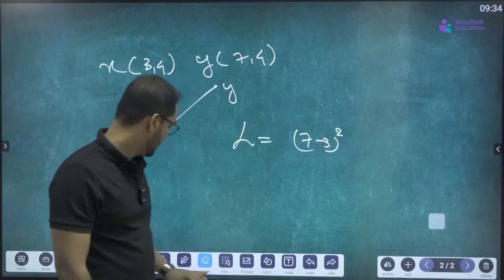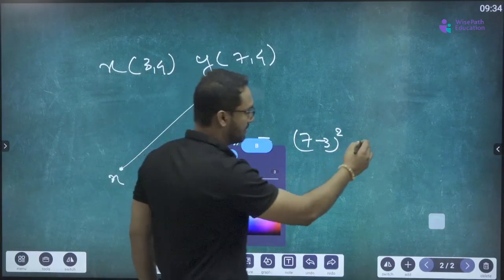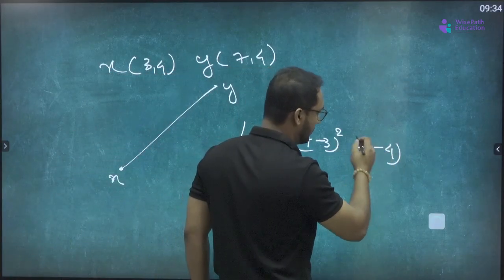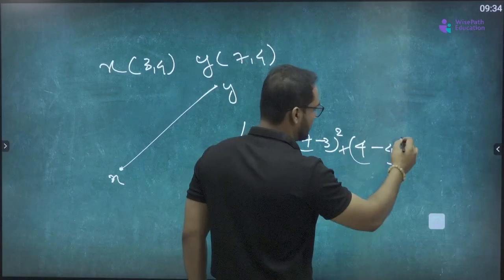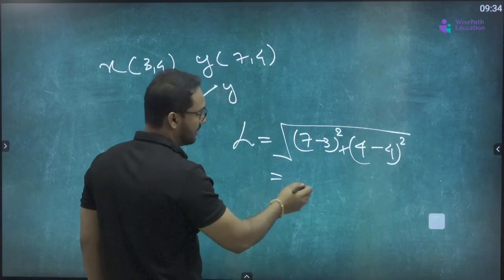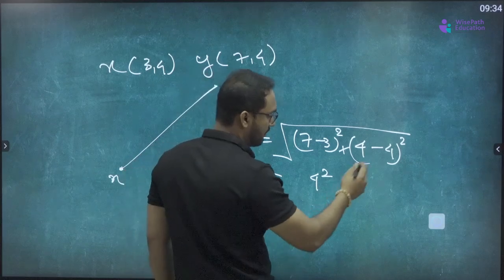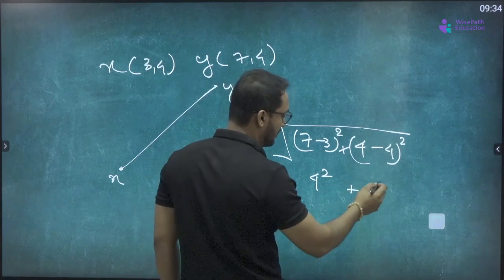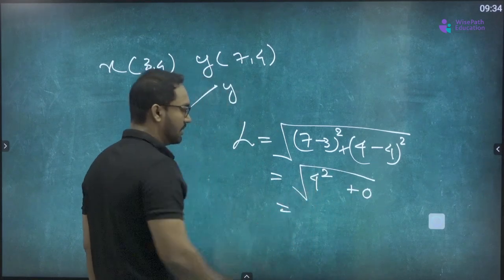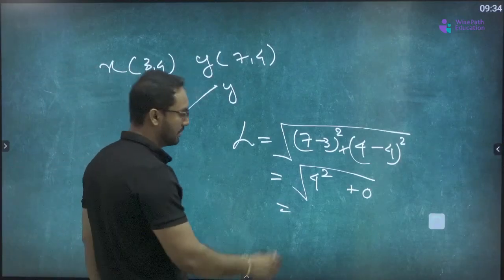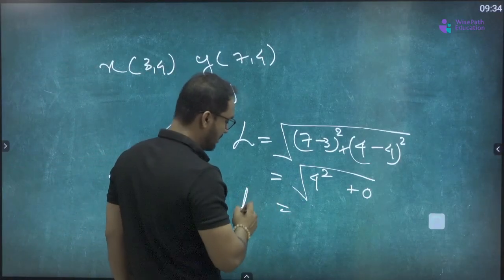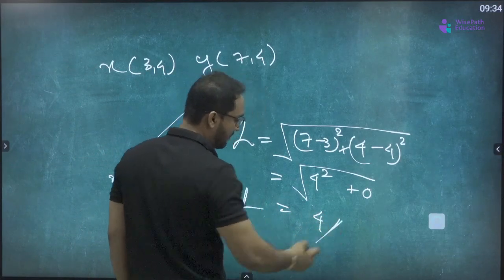If you have any doubt, 4 minus 4 is 0, plus squared, and the complete root of it. So 7 minus 3 is 4, 4 squared plus this will be 0, right? It has no value. So the root of 4 squared is back again 4, right?